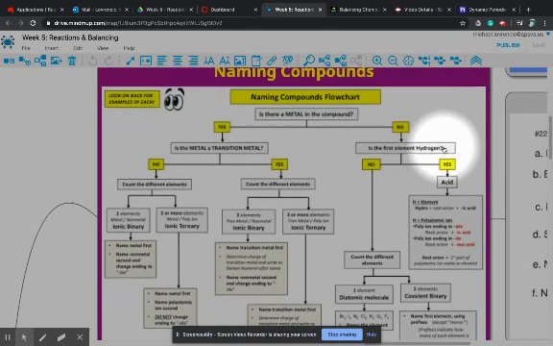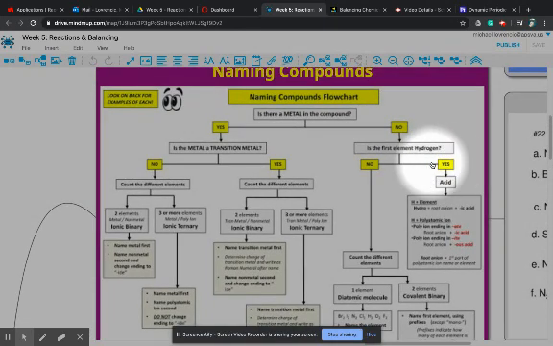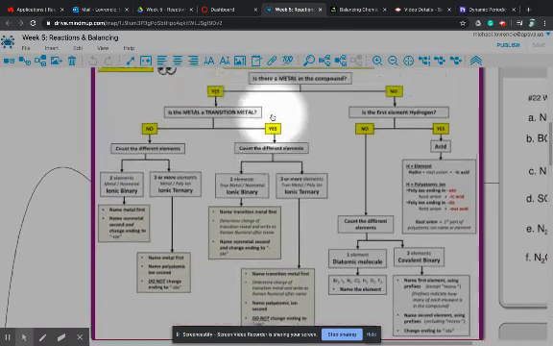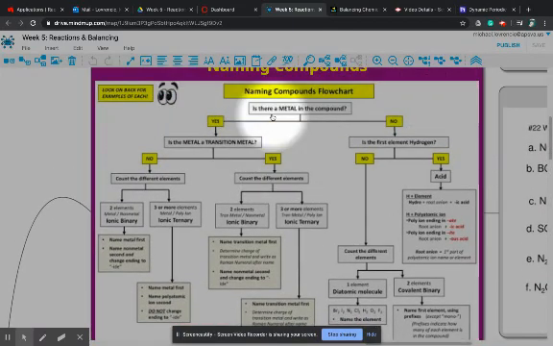Okay? And so, when we're talking about those ionic compounds, the simplest type of ionic compound are the binary ionic compounds. The ones that have a metal and a nonmetal. Right? So we have those binary compounds, metal and nonmetal.